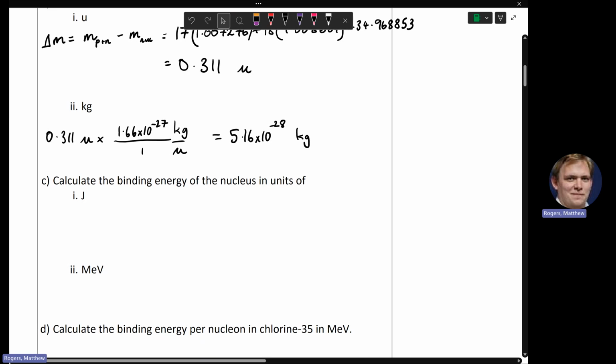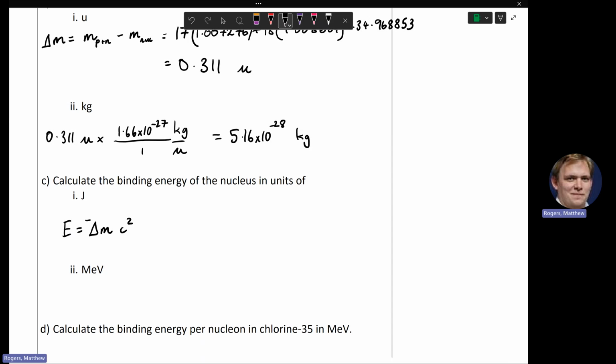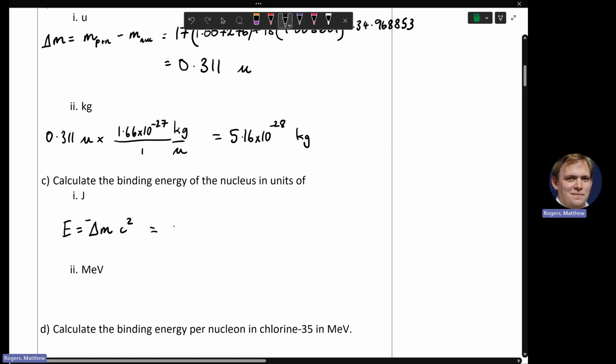Calculate the binding energy of the nucleus in units of joules. So here we're going to use the idea that the energy is equal to delta m c squared. We also always give binding energies as negative because it's the energy that you need to put in to take the thing apart. So this is minus 5.16 times 10 to the minus 28 multiplied by c squared.